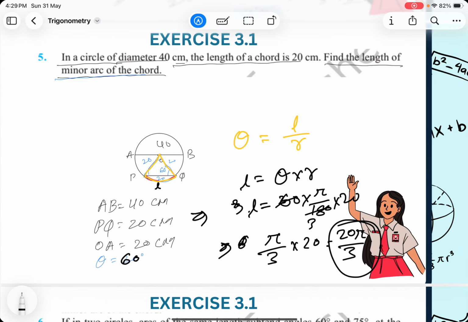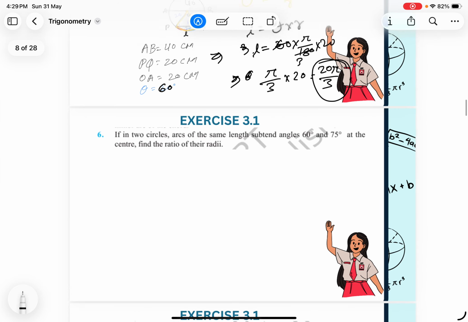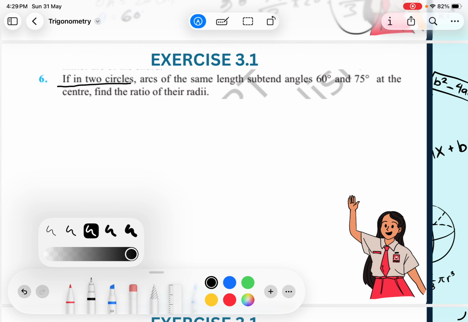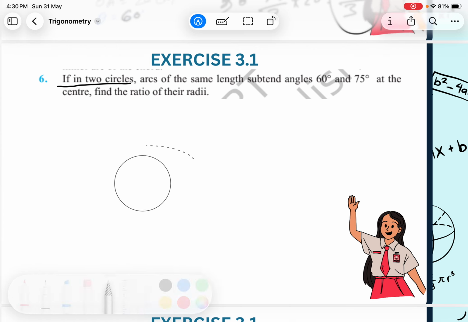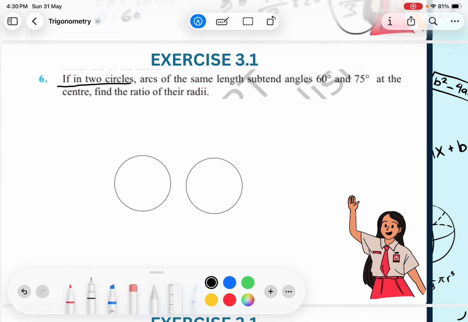Okay, now the question number 6, and I think, yeah, this is the question number 6, second last. Let's see it quickly. If in two circles, so let's draw the two circles first. We have circle 1, and if I copy this, we have two circles. Okay, so arcs of the same length, so its arc is of the same length.